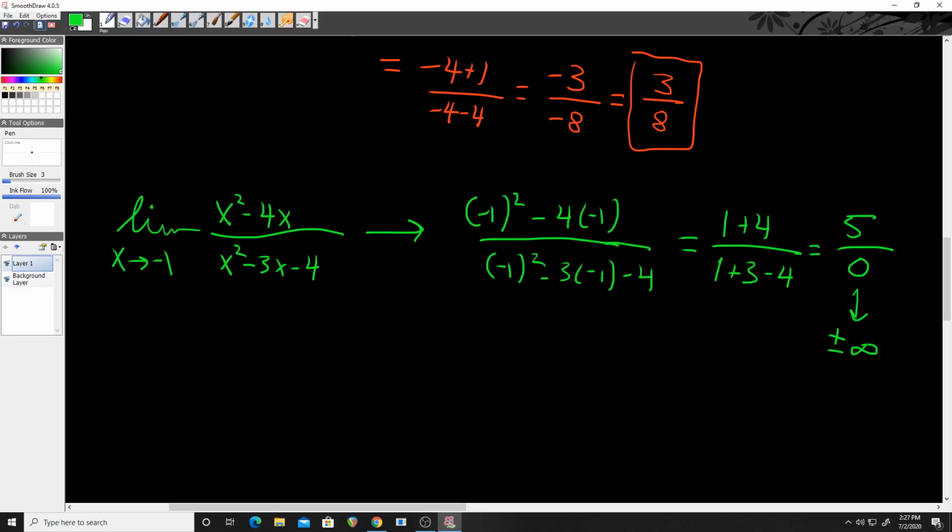So, let me point out one other thing. Since we have a 0 in the bottom, and division by 0, of course, is undefined, that means we have a discontinuity.